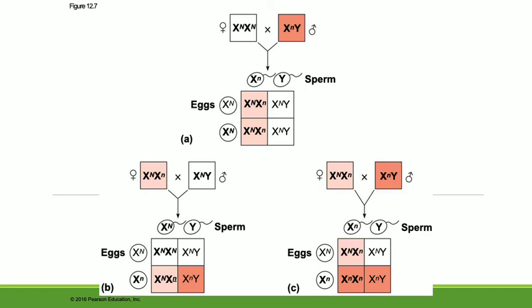Also, if this heterozygous female has offspring with this totally healthy, non-ill male, notice that 50% of the males will have hemophilia. 50% of the females will be heterozygous, or they will be carriers for the hemophilia allele.